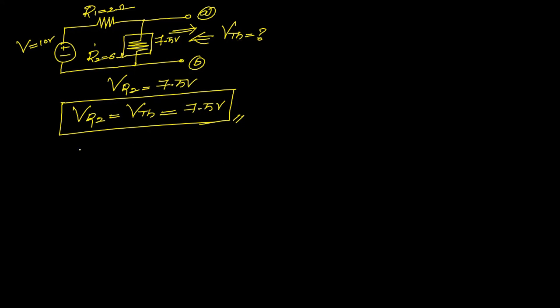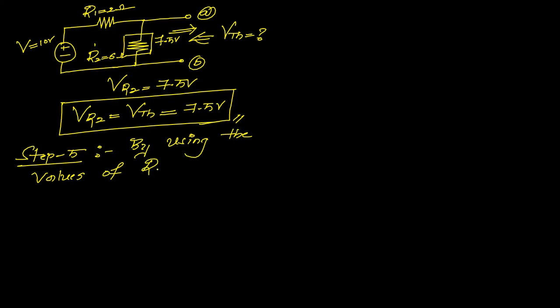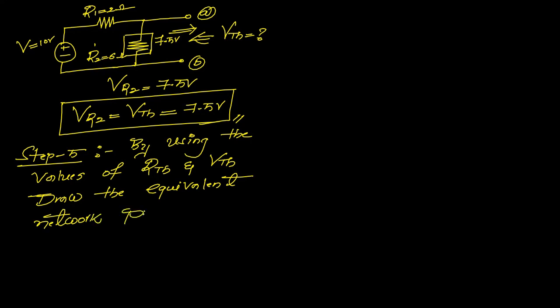Now use these two values and take step number 5: by using the values of RTH and VTH, draw the equivalent network provided by Thevenin's theorem.